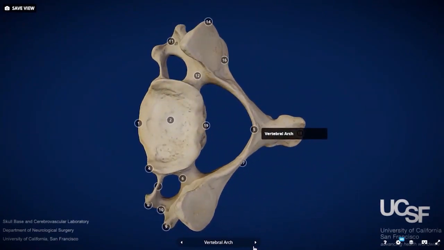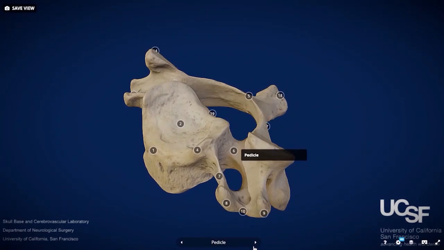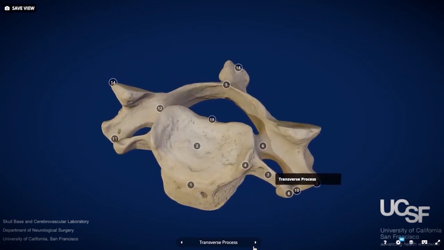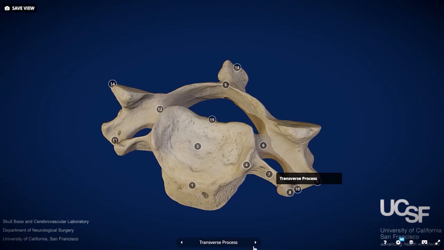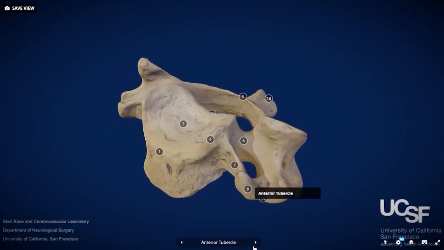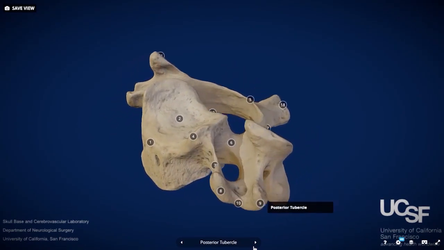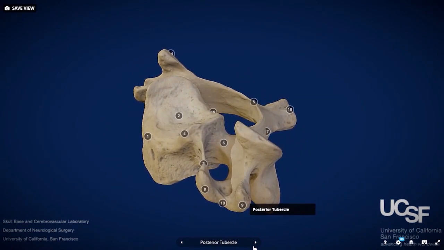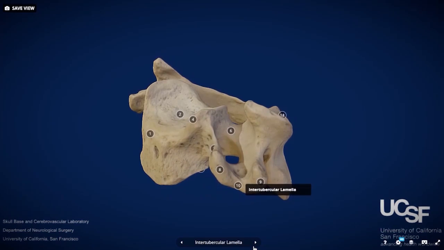Posteriorly, we have the vertebral arch, which is connected to the vertebral body by the pedicles. And anterior to the pedicle, we have the transverse process that has an anterior tubercle and posterior tubercle. In between these tubercles, we see the connection happening by an intertubercular lamella.